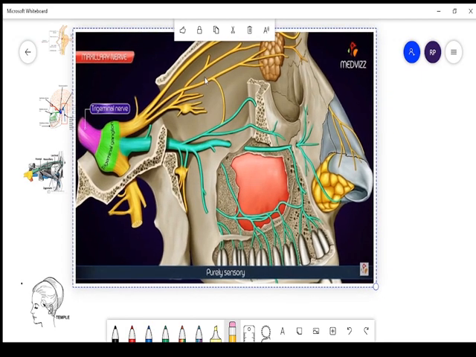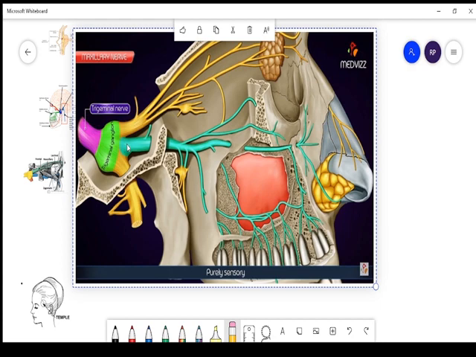This is the pathway of the maxillary division of the trigeminal nerve. This is the trigeminal ganglion, from which the ophthalmic division arises, then the maxillary division, then the mandibular division. The ophthalmic division I have explained. Now I will start the maxillary division.